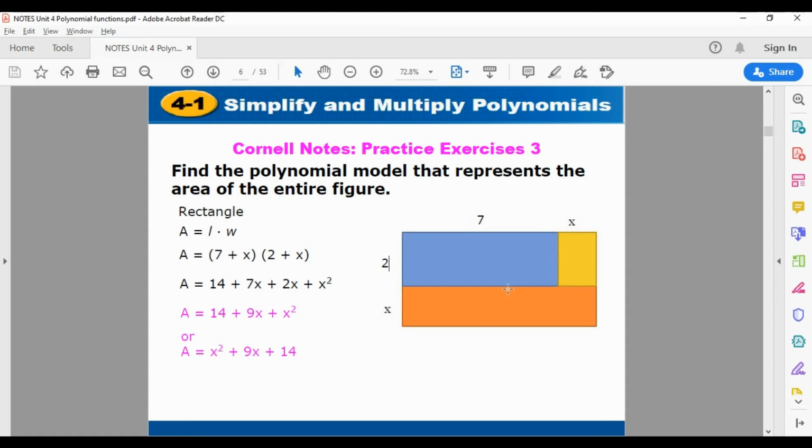If I change this x in the length and this x in the width, they're going to change by the same amount every time. But there's an area here represented in the blue that, no matter what, is not going to change, and it's going to be 14 square units, which comes up here because it's 2 times 7.